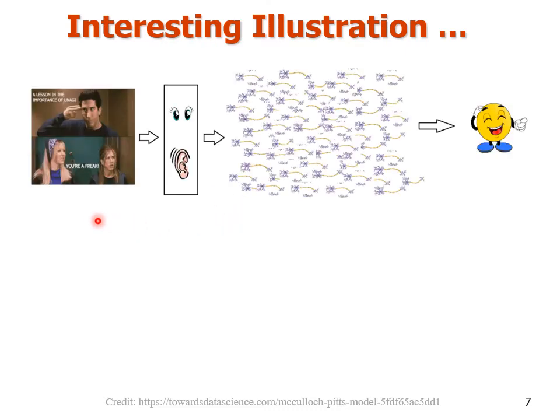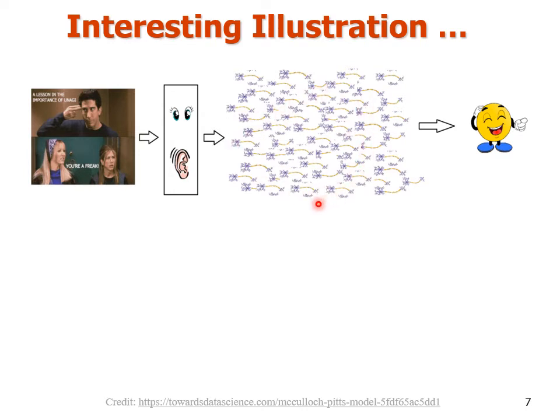This is one example of how our brain takes a decision. Here we have the input as a movie. So our sensory organs interact with the outside world and send the video and audio information to the neurons.